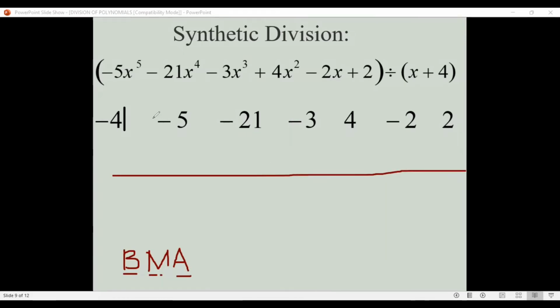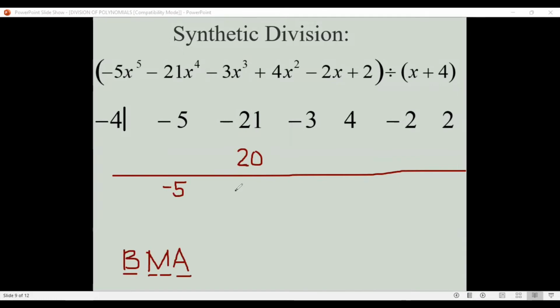Your first term is negative 5, so we need to bring that down. We have negative 5, and the next step is multiply. Negative 5 times the negative 4 is equal to a positive 20. Then add, which means that we are going to add the result here.